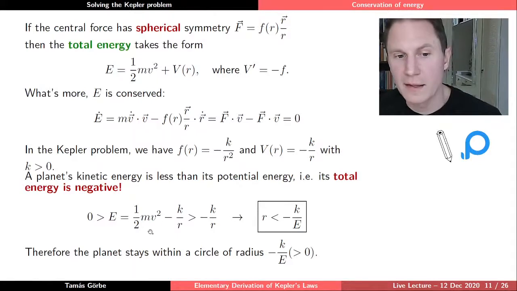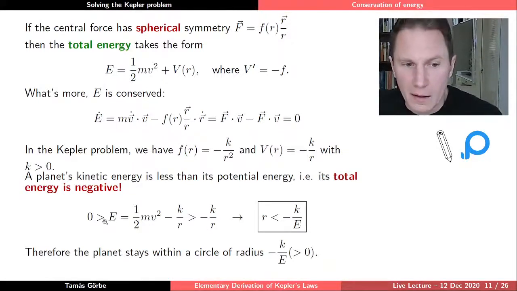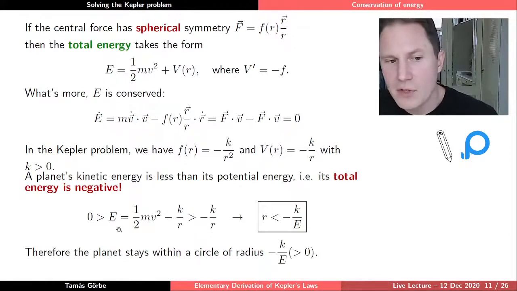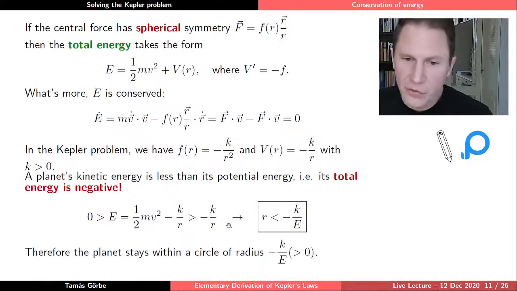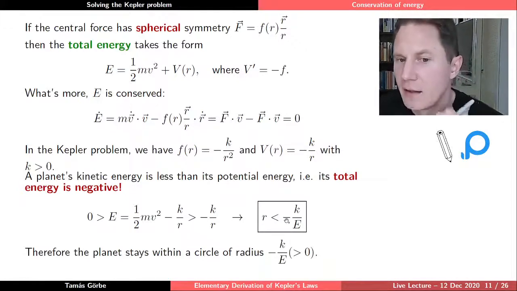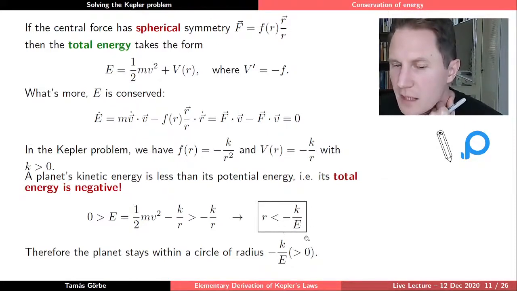We are omitting a non-negative number, so we are getting something that is less than or equal to the original expression. So what we can say is that this negative total energy is greater than minus k over r, and you can rearrange this inequality to see that r is going to be strictly less than minus k over E. And remember, E is a negative number, so this is a positive quantity on the right hand side of this inequality.